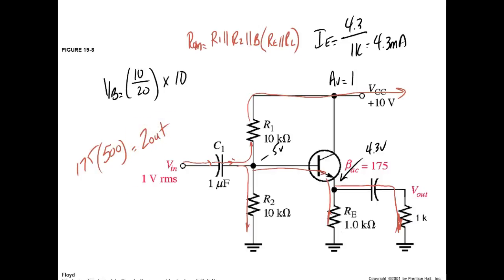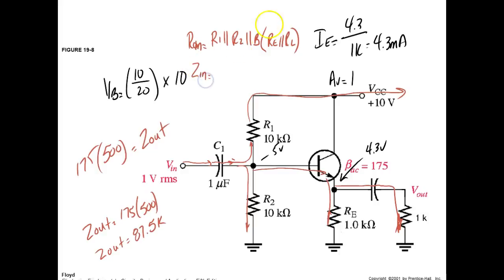So what's Z out equal to? 175 times 500. Y'all understand that? Anybody got any questions on that? What's that? 87.5K. Are we okay?